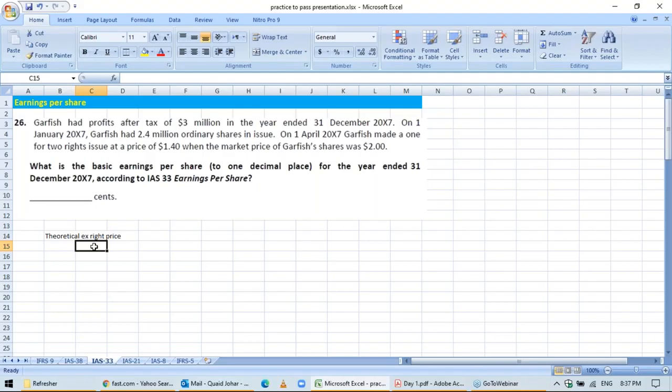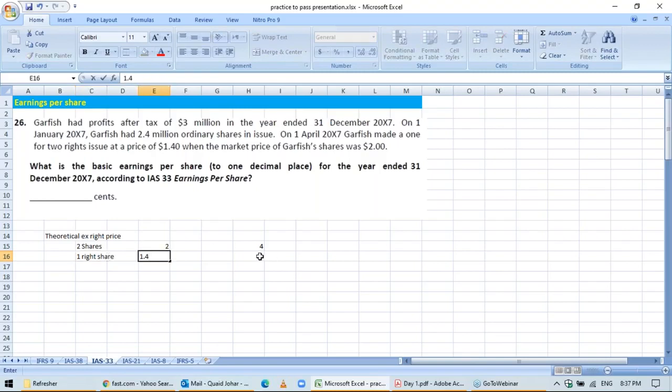So what happened? The company was having two shares, or you can say an investor was having two shares, the market price of which was $2. So total value of those shares with that person was $4, right? Then he got one rights share for how much? 1.4.